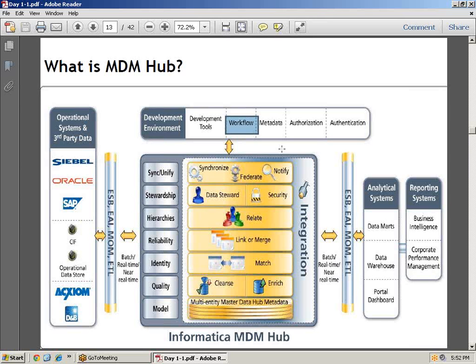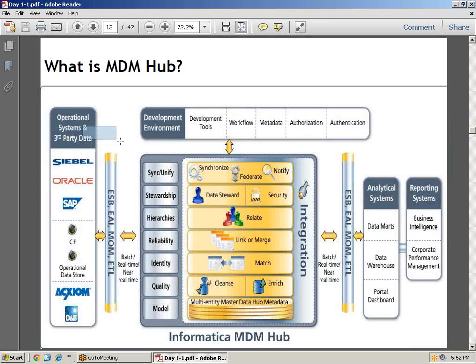Especially there is a supported third-party workflow engine, Fujitsu, through which we can avail third-party functionality to this hub. That's it. Likewise, we have some more which are not listed within this diagram.